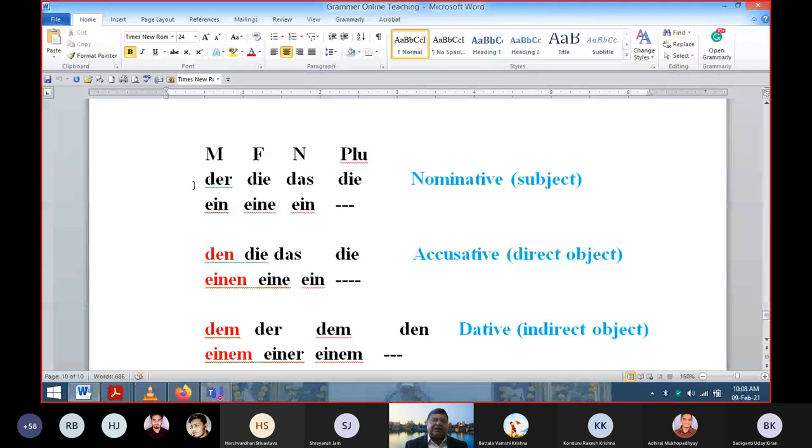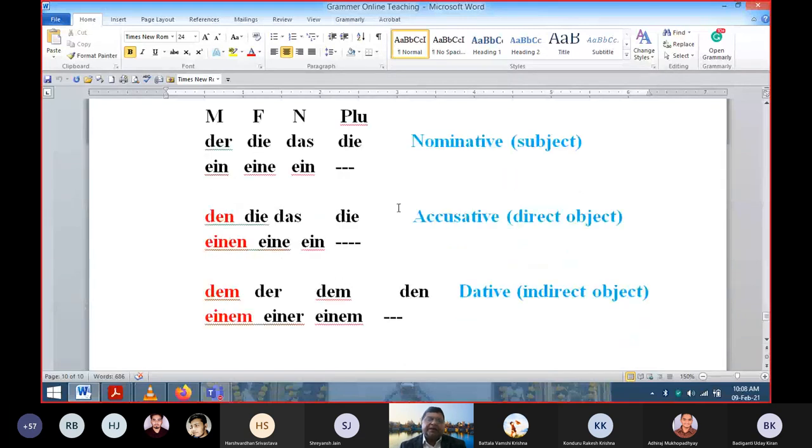So if you remember, last class I started explaining the concept of the subject and object. That is, nominative means any noun which is being used as subject, then we can choose from the definite or indefinite articles depending on the number and gender, like der, die, das, die, ein, eine, ein. If any noun is used as a direct object, then we change the masculine noun.